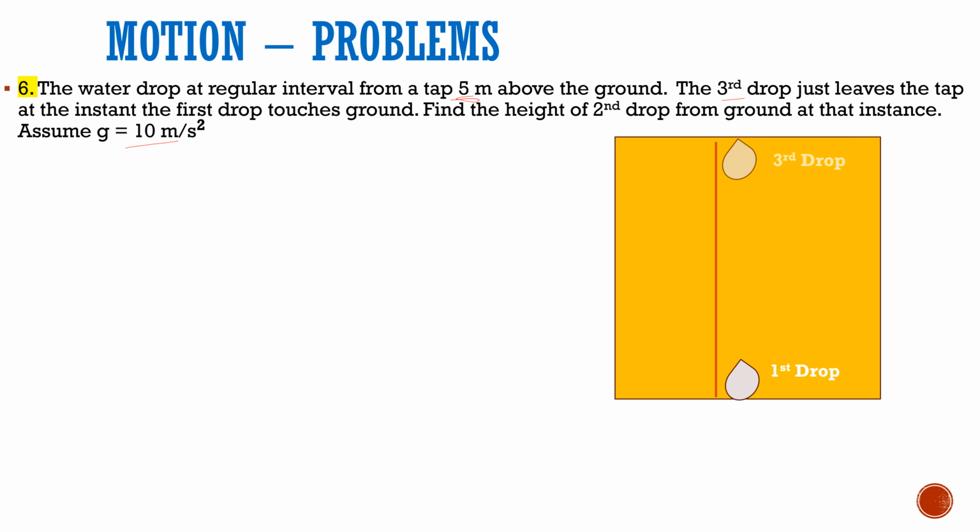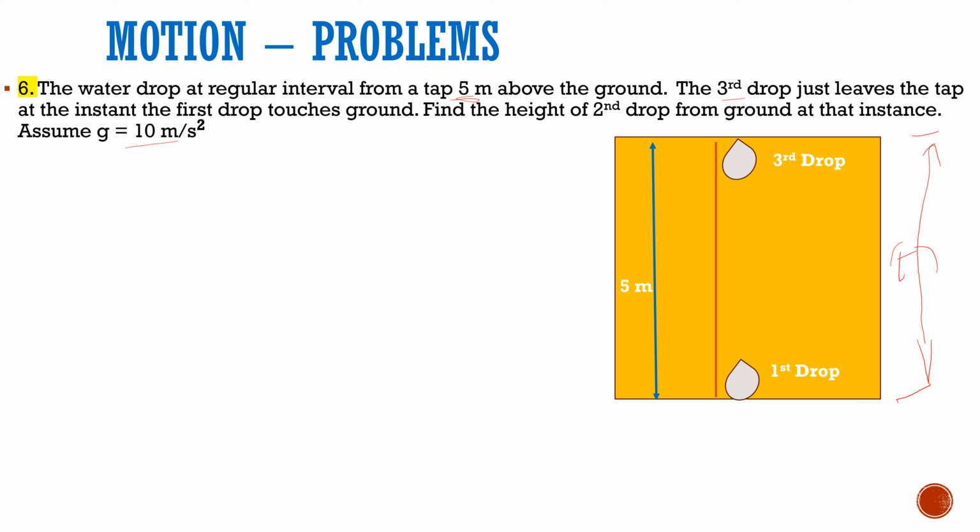So let us draw a diagram first. So this is the situation here. Third drop is here. First drop has already reached the ground, and then third drop is just coming out, and this is the distance. So if we find the time taken between these 2 points, then we will know that by the time first drop has reached, it has covered this amount of time.